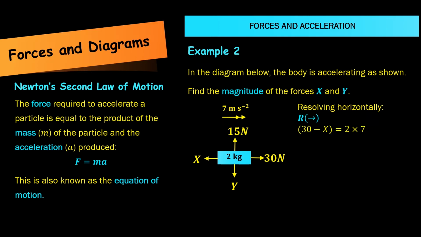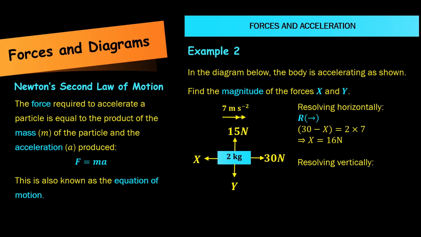So resolving horizontally gives us 30 minus x, which is the force, equals 2, which is the mass, times 7, which is the acceleration. Rearranging gives us that x equals 16 N.